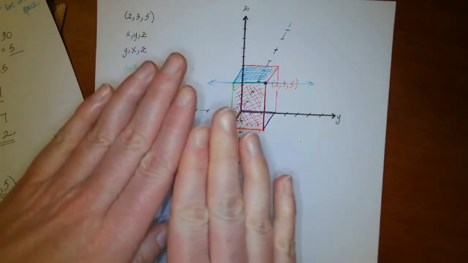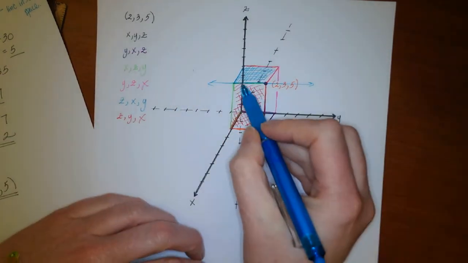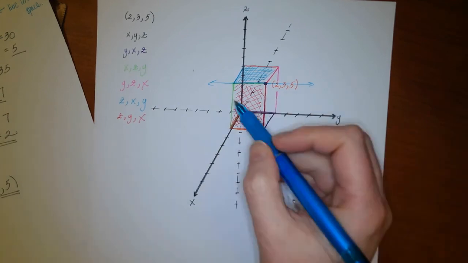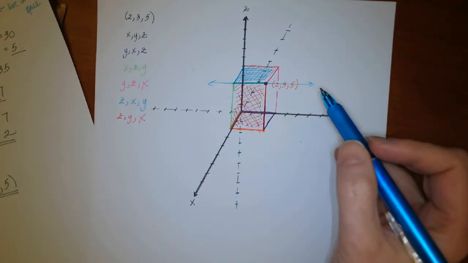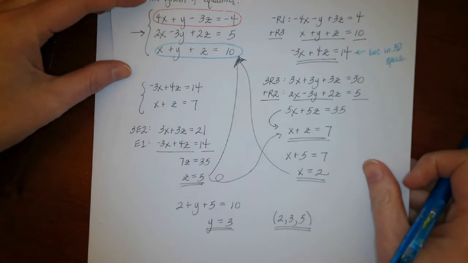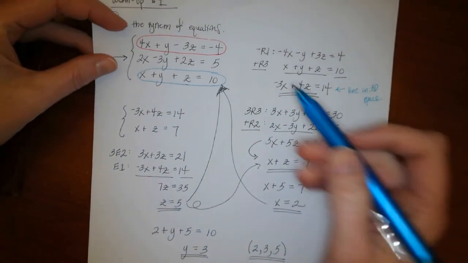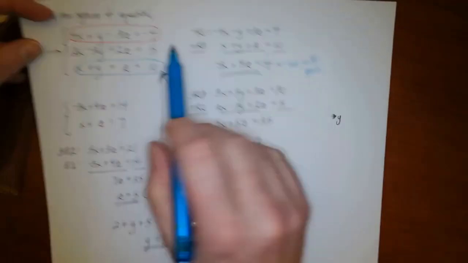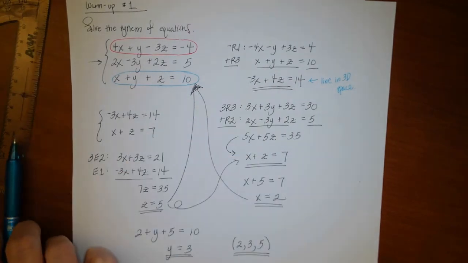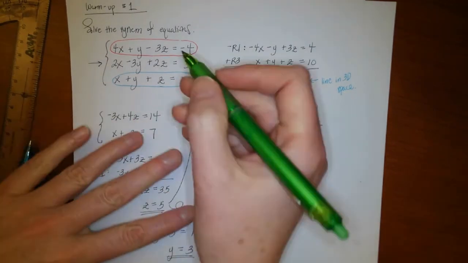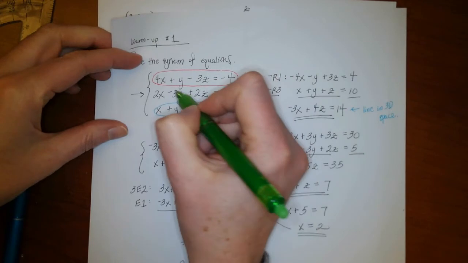So you're just finding where two planes intersect, and the intersection between just two planes would be a line. I hope it makes sense why we needed to involve the third plane, because otherwise you're never going to get it down to that single solution if you think about this geometrically.